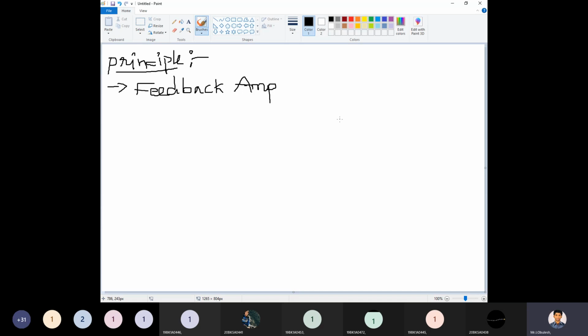In which part of the output is fed back to the input through a feedback circuit.